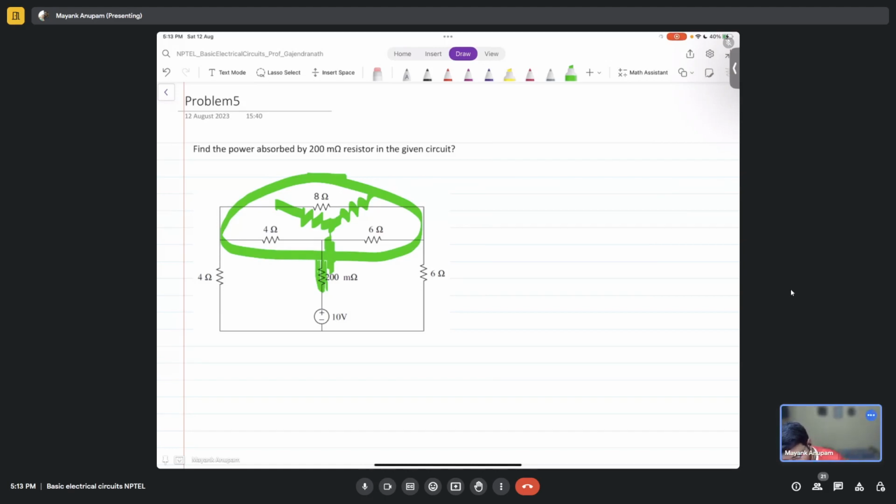These three terminals will be connected to the three terminals here. Then you can simply calculate. So this is one approach, but this is not covered, so I'm not going to discuss this.